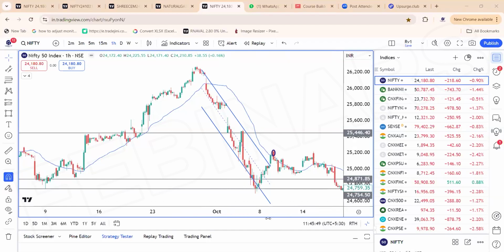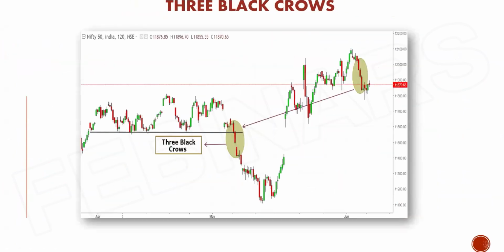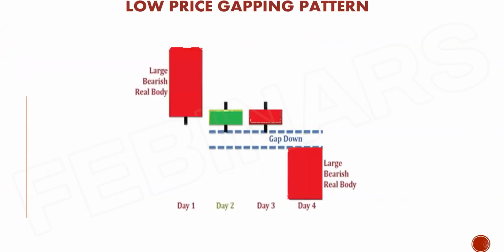One of the powerful day trading patterns I'm going to share with you. See, before that we are seeing a three black crows pattern, how the pattern occurred, and then the consolidation happens and then the fall starts. This is a trade one can do with the low price gapping pattern or a high price gapping pattern.